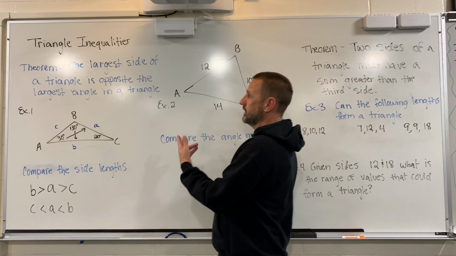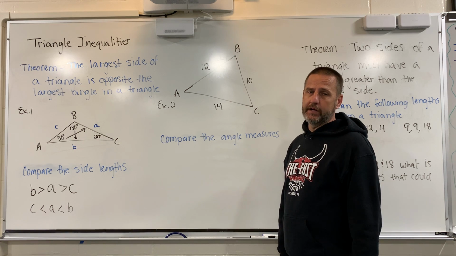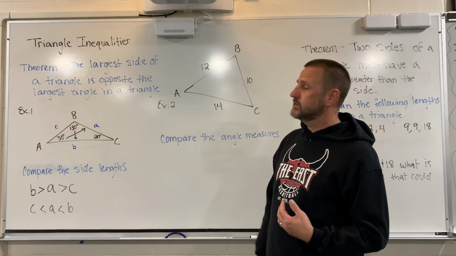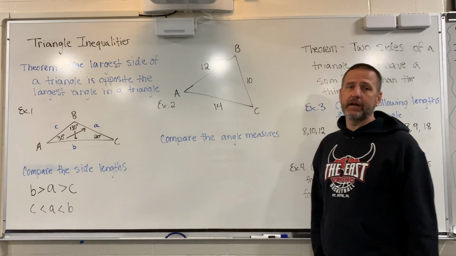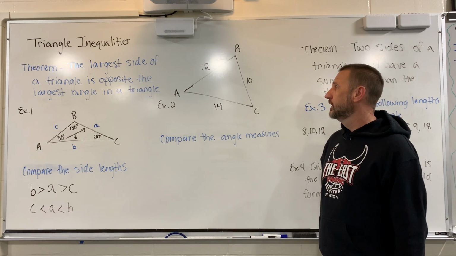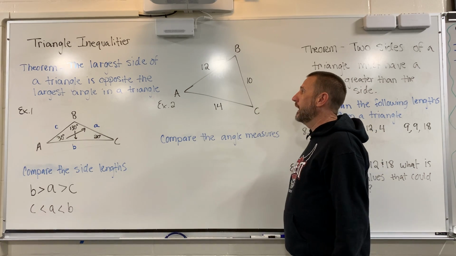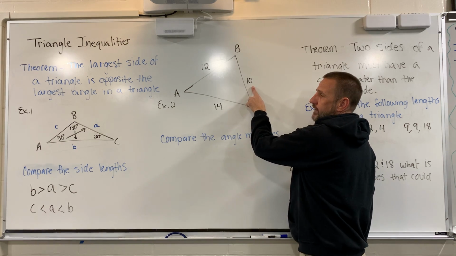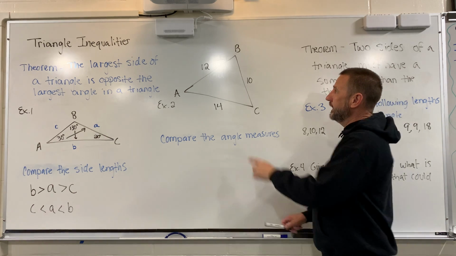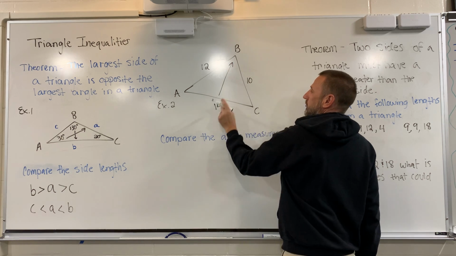Well, there's a converse to this theorem that says that the longest side of a triangle is opposite the largest angle. So if I look at these, I can also order the angles. I can always tell you which angle is the largest in the triangle based on the sides. So if you look at this one, I don't know any of the angles in the triangle at all. But I do know that there are sides that have lengths of 10, 12, and 14. And that tells me that angle B, up here at the top, is opposite the longest side.